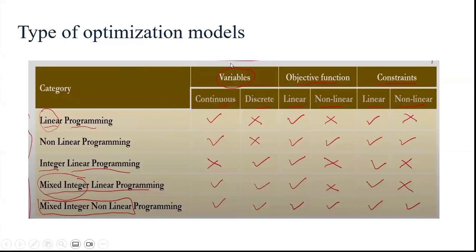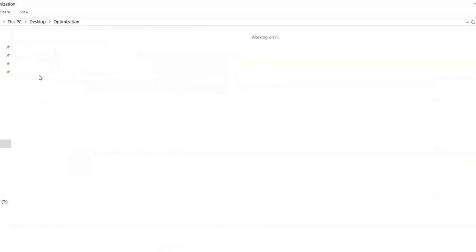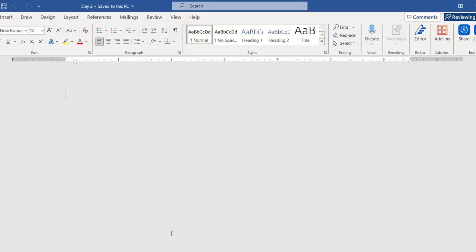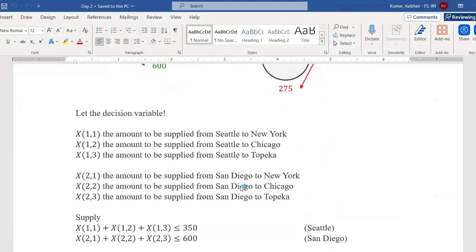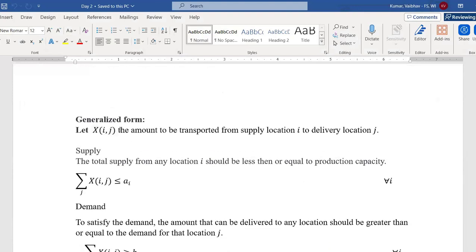So in linear programming we implemented 2 models yesterday, with variables of continuous nature. If you go to this file and check, we have seen our decision variable, which is x11, x12, x13, or in generalized form, xij.